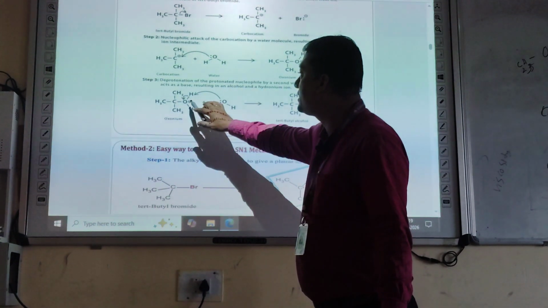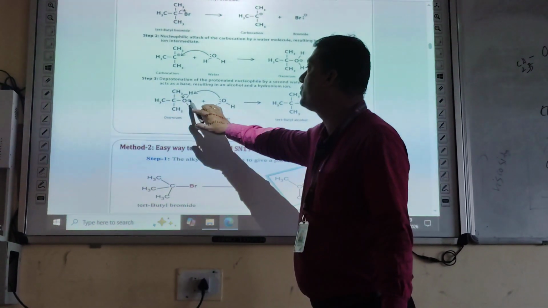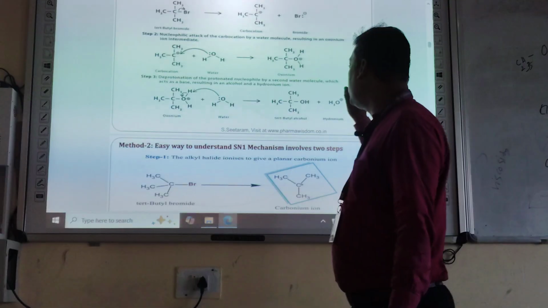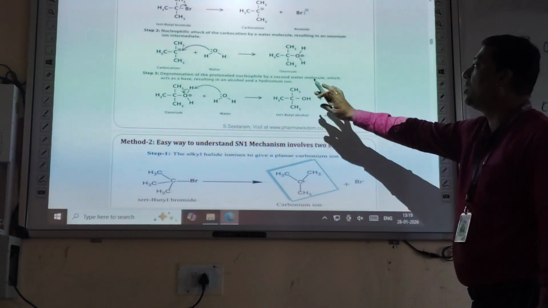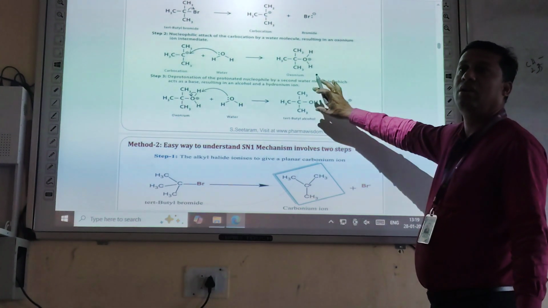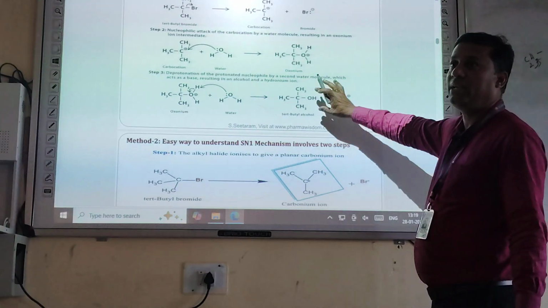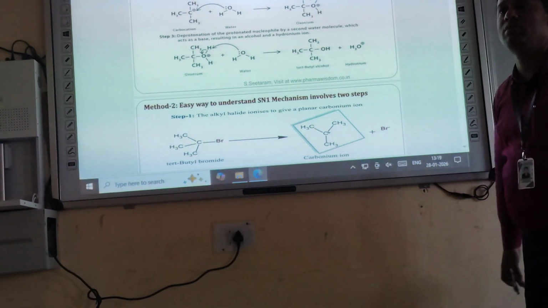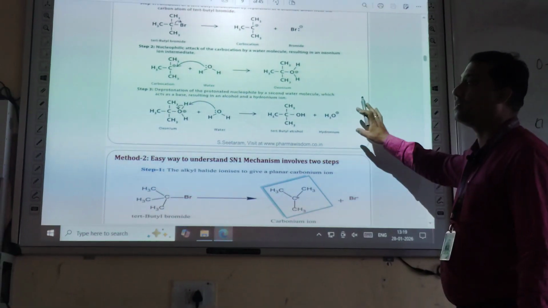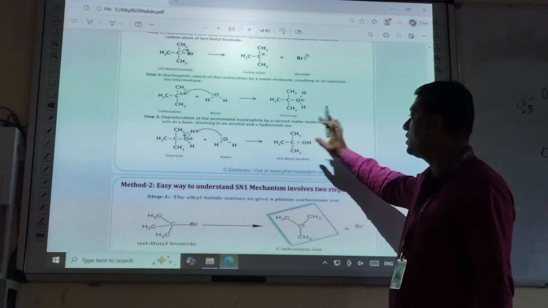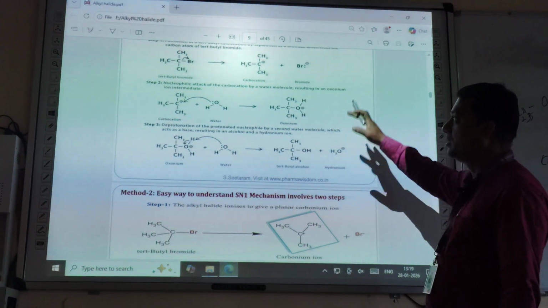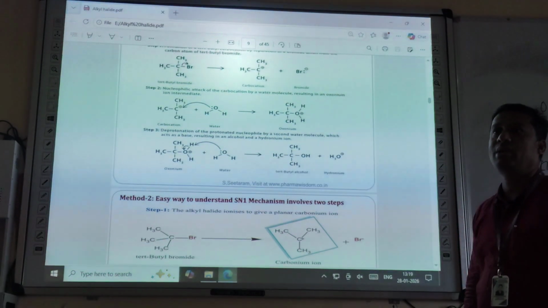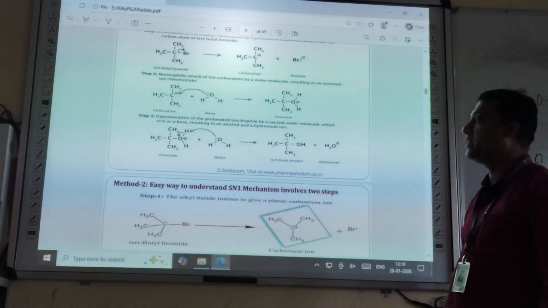This electron pair will cancel the positive charge of the oxonium ion, and it will form tertiary butyl alcohol. This is the final product of the SN1 reaction. Then hydronium ion will be liberated, hydronium ion plus tertiary butyl alcohol. This is about step 1, step 2 and step 3 of the SN1 reaction.